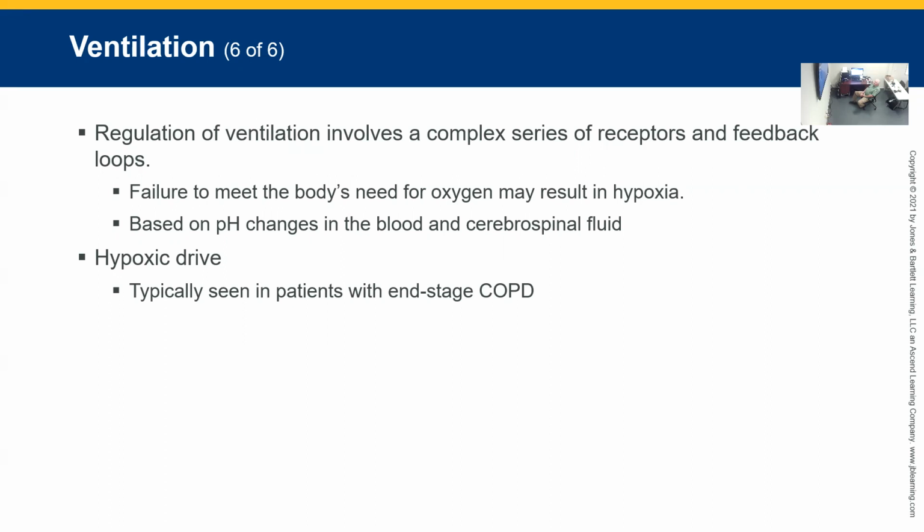It kind of tricks your chemoreceptors, and they actually get used to a high amount of carbon dioxide. So your body switches over and starts measuring the amount of oxygen that you're taking in rather than the amount of carbon dioxide. That's referred to as hypoxic drive. It's measuring oxygen rather than carbon dioxide.